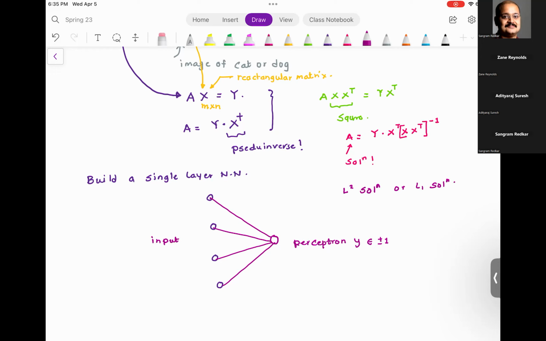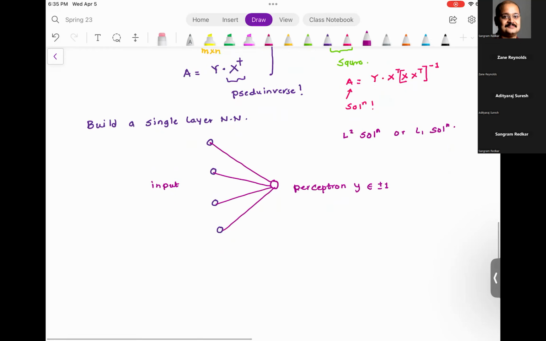So now the next part is I will show you the result of a single layer neural network. The problem here is the results are not that great. Single layer results are not very good.